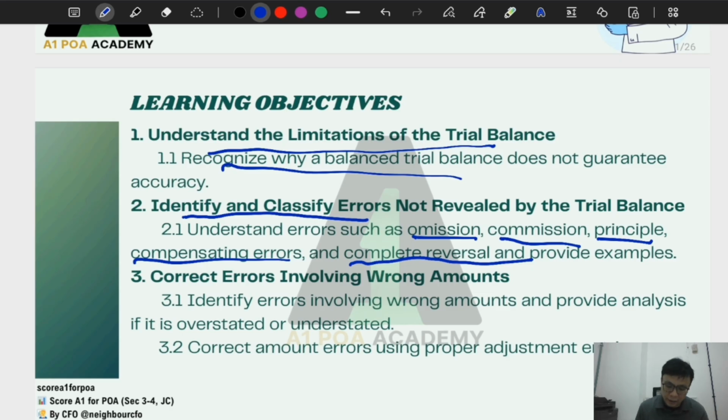So with that in mind, we establish whether it is understated or overstated as a result of all these errors, and we use the necessary applications to adjust all these entries accordingly. For part 2, we are going to dive into more complex rectification or adjustment entries to correct further errors.